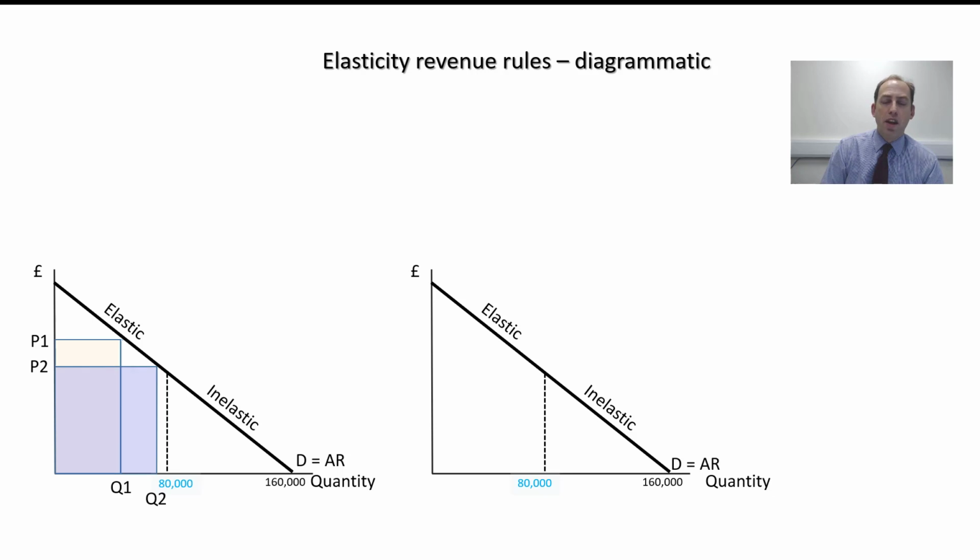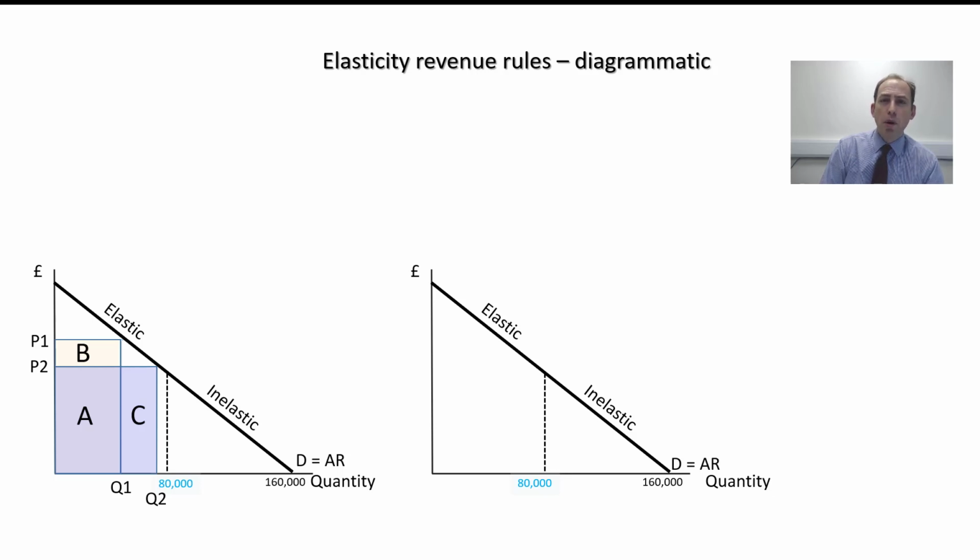And the coloured boxes there show the revenue we get from each case. So we had the yellow box at P1, Q1 and the purple box at P2, Q2. Now let's label the boxes. That yellow box we could say is made up of those two segments, A and B, and the purple box at price P2 is A and C. Did our total revenue go up or down when we lower price from P1 to P2?